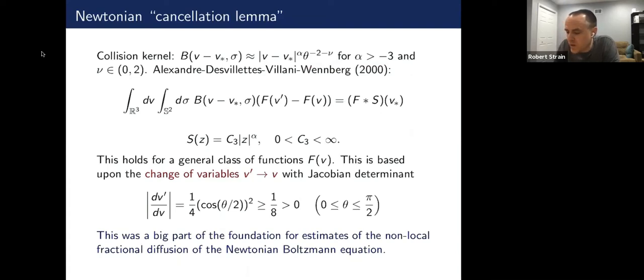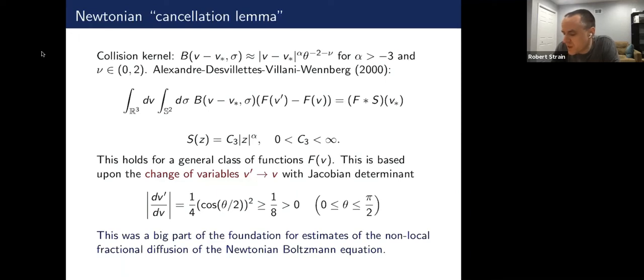And then you can see that for the integral dv d sigma of B times (f of v prime minus f of v), the cancellation lemma says that this is equal to f convolution S of v star, where that's just the normal convolution. And here S is a constant c3 times the modulus of z to the alpha. And this can be proven for a very general class of functions f.